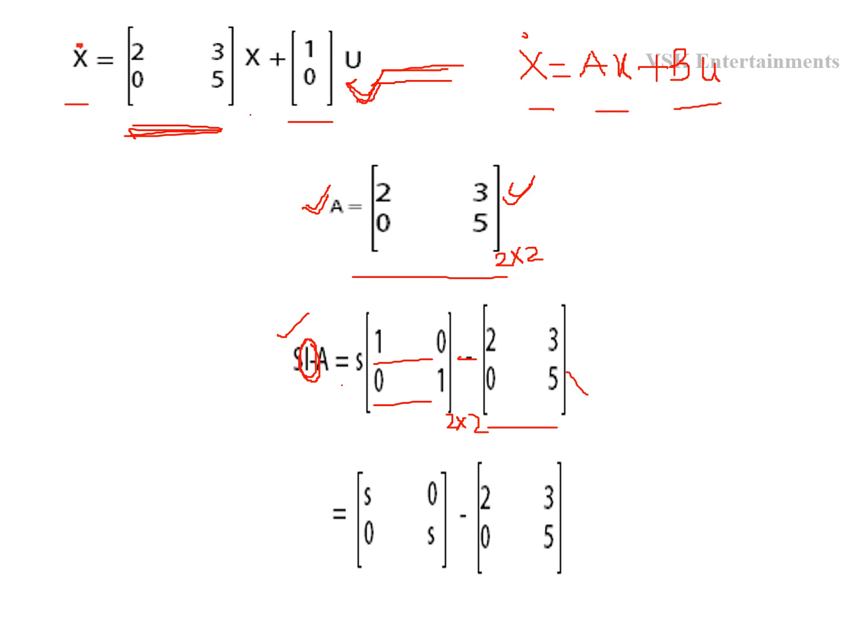Simplify this, that is, multiply s with each and every element of the identity matrix. So we get matrix [s 0; 0 s] minus the same matrix [2 3; 0 5].